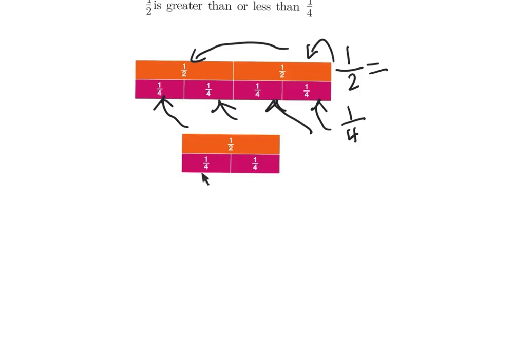If we have 2 equal parts sized 1/4, that is going to give us 1/2. As you can see, it lines up equally. So we have 2 parts size 1/4 to give us 1/2. So 1/2 is greater than 1/4.